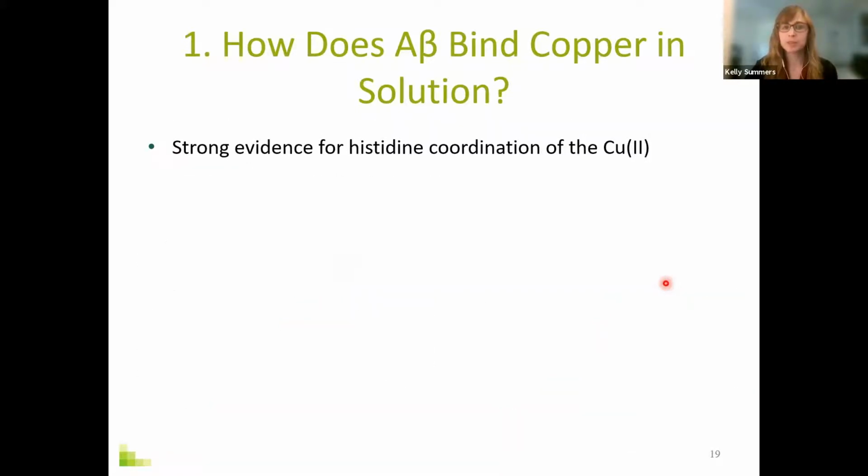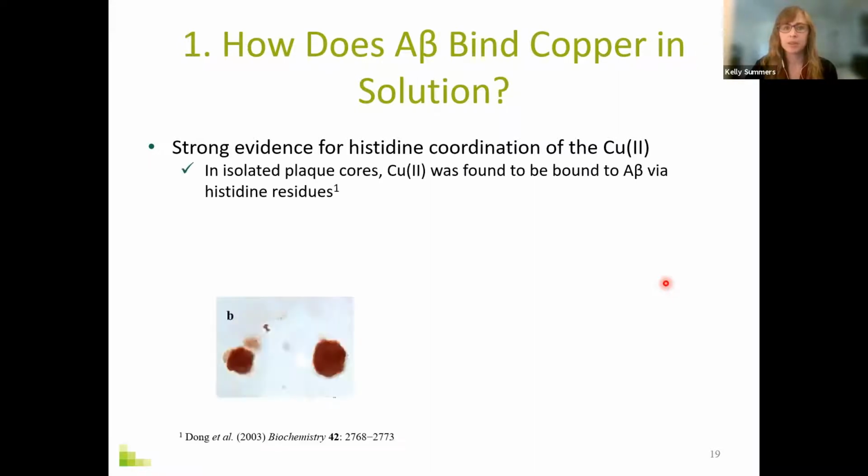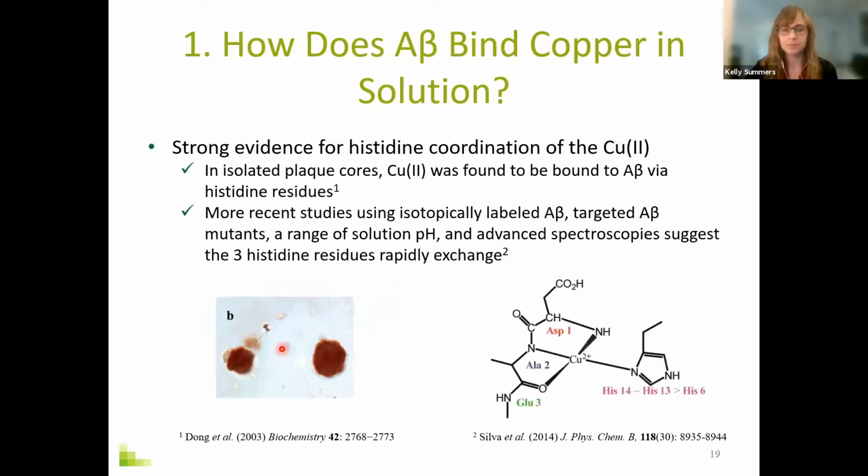I also wanted to mention that there is very strong evidence for histidine coordination of the copper 2 in amyloid beta. In plaque cores that were isolated from human brain tissue, copper-2 was found to be bound to amyloid beta via histidines. This is a relatively old study now that used Raman. In more recent studies, we've gotten a little bit more creative.